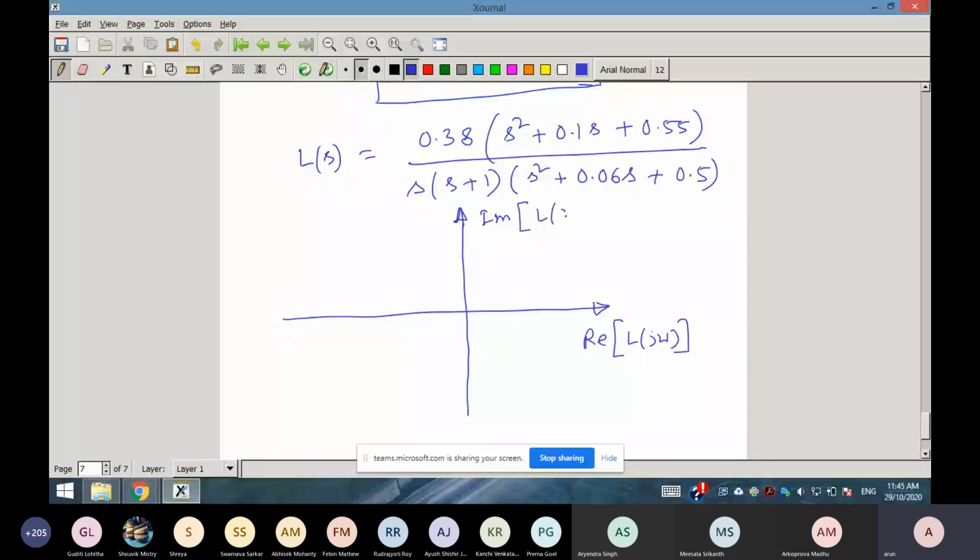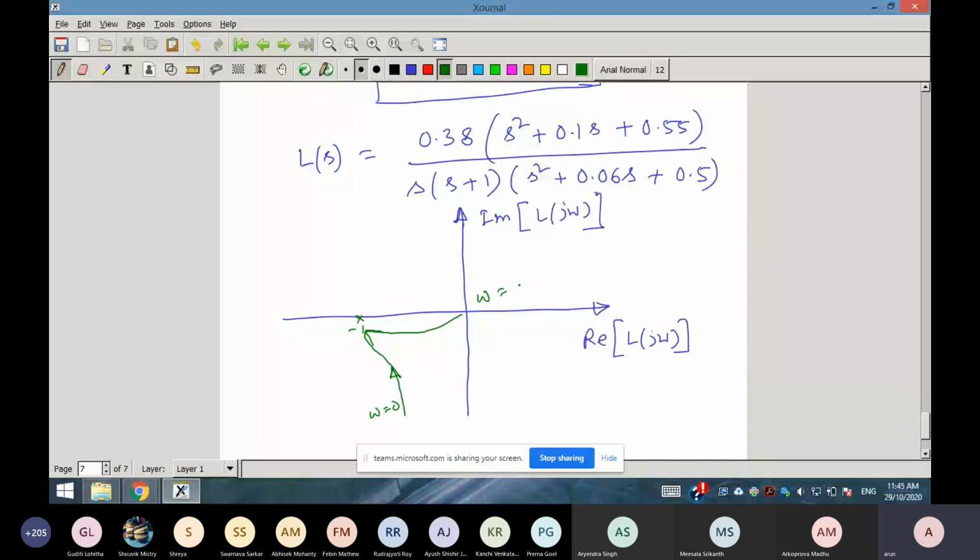Imaginary of LG omega. The Nyquist plot shows this is your minus 1 point. So it will be like this. Omega equal to 0, omega equal to infinity.